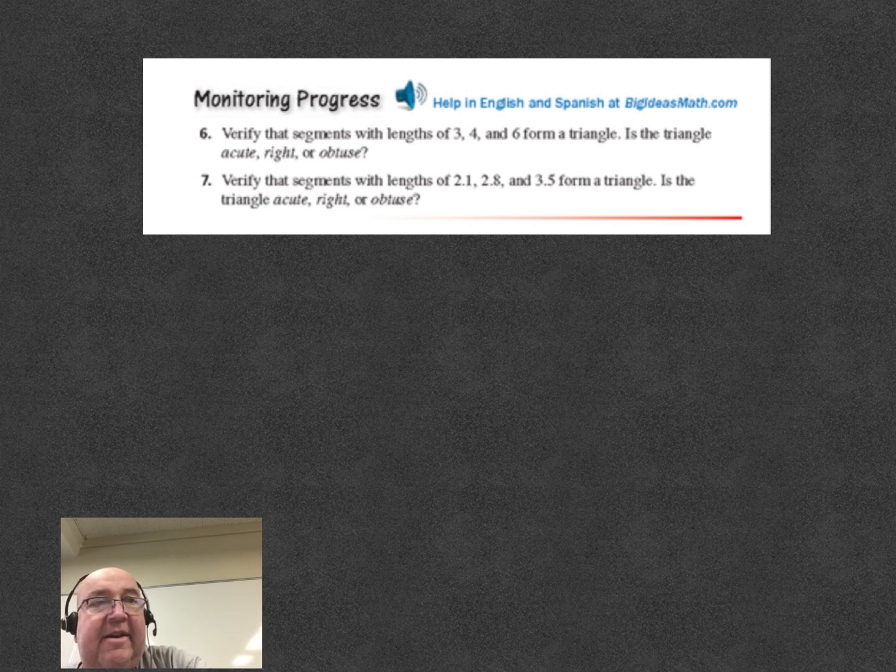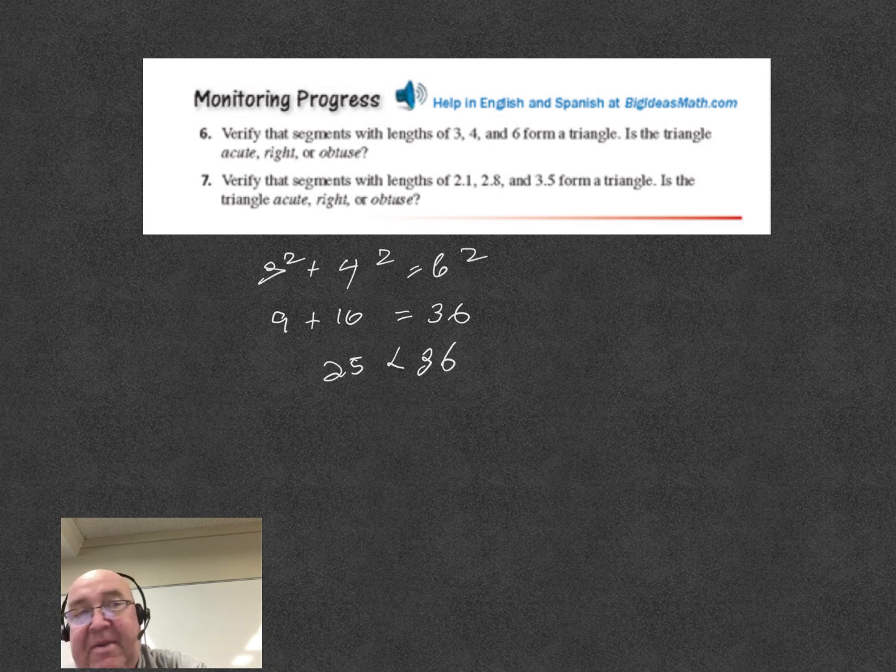Number 6, we have 3 squared plus 4 squared equals 6 squared. 3 squared is 9 plus 16 is 25, and 6 squared is 36. 25 is less than 36, so that triangle is obtuse.